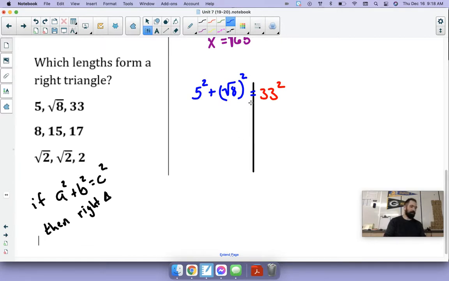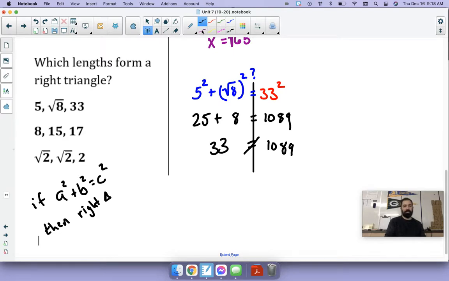Does that equal 33 squared? As we simplify, that's 25 plus the square root of 8 squared, which is just 8. And 33 squared is a really big number. I don't think that's going to work out. 25 plus 8 is 33. That definitely does not equal 1089. So what do we say? We say no. We said yes here.